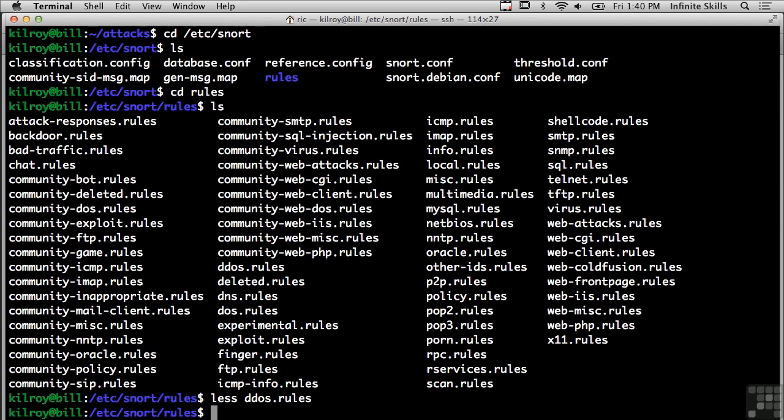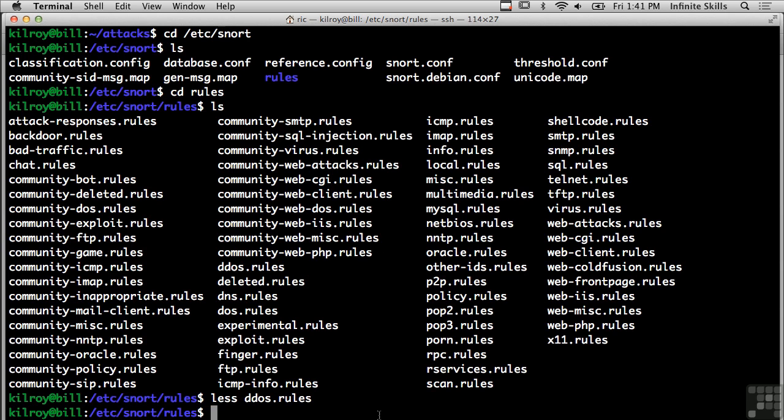Now this is just one file, and I could configure Snort to load up any number of these different rules files. For example, web attacks or virus, or Telnet or SQL or SNMP, or different types of mail attacks. So there's a lot of different rule sets here for different types of attacks.